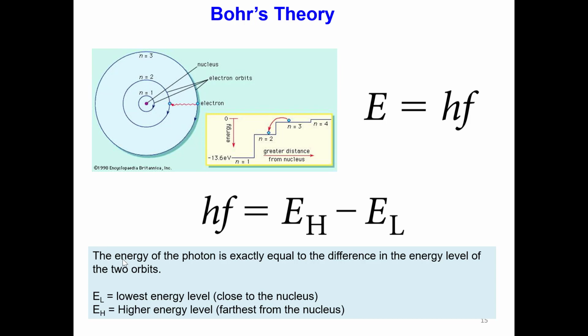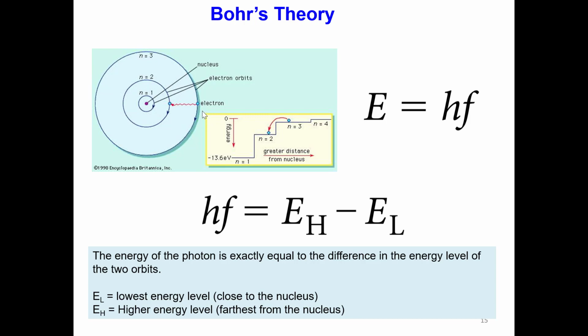Then he also combined the equation found by Albert Einstein, and applied this equation to the atomic model he proposed. He said the energy of the photon is exactly equal to the difference in the energy levels of the two orbits. Remember, if the electron jumps from one orbit to another, it will emit some radiation. That radiation has some energy, some frequency, and some wavelength, because we studied this in the last chapter.